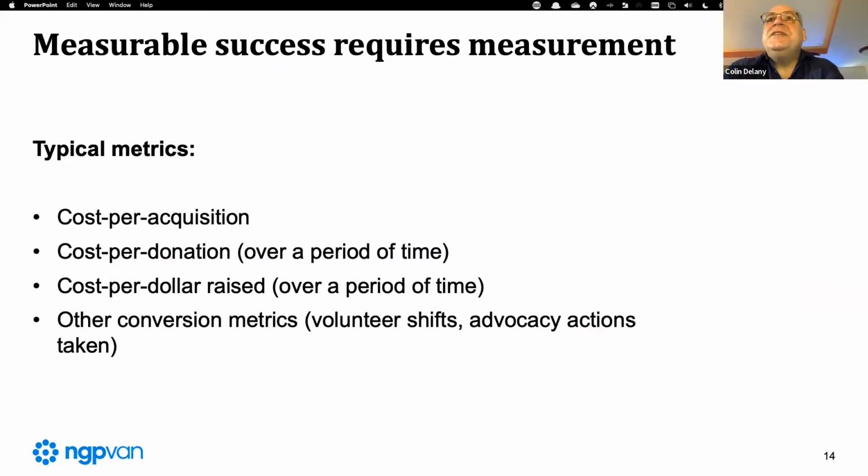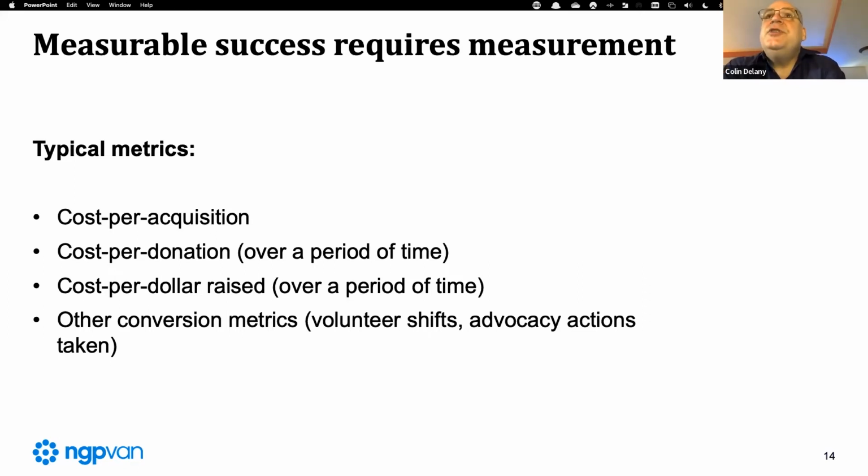So measurable success is something we generally want, but that requires measurement. For many of you, this will be very familiar. But typical metrics: cost per acquisition, how much does it cost to get a new name or email? Cost per donation, meaning the cost to recruit a new donor, most likely, or per each donation. Cost per dollar raised, similar.